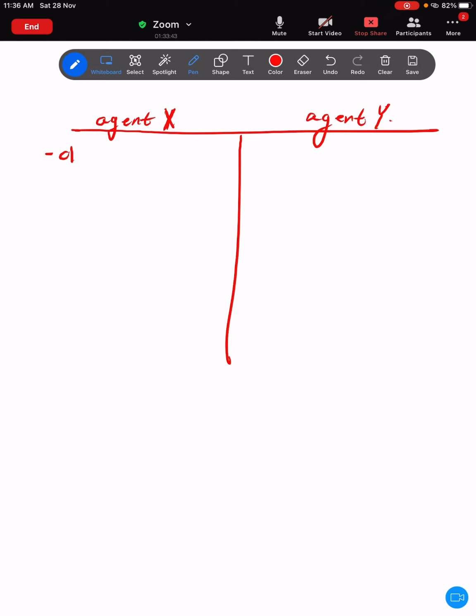Yes, I will say yes. That will be a good idea as well. Agent X is what? A soap. Very good. And on the other hand, agent Y is a detergent.